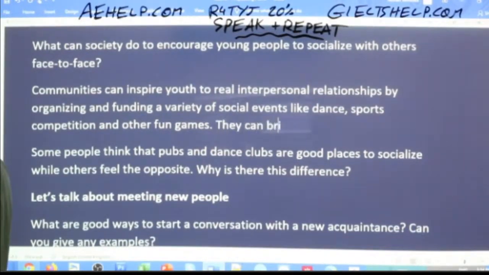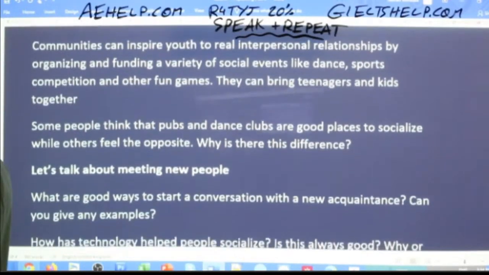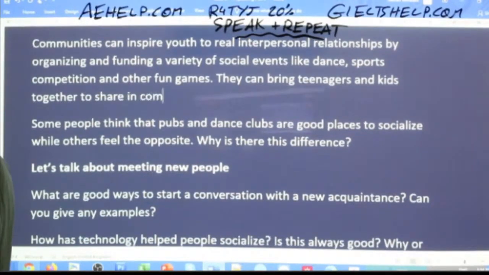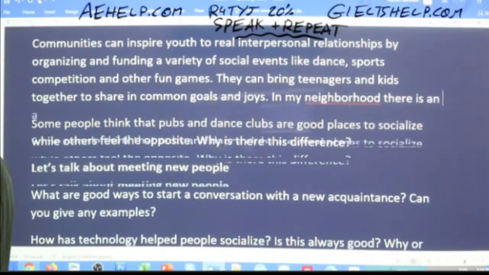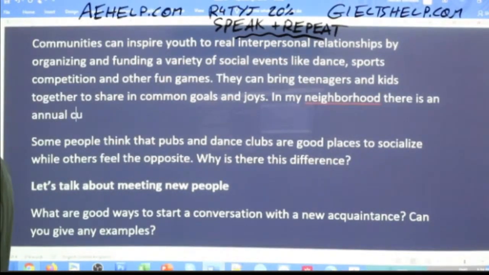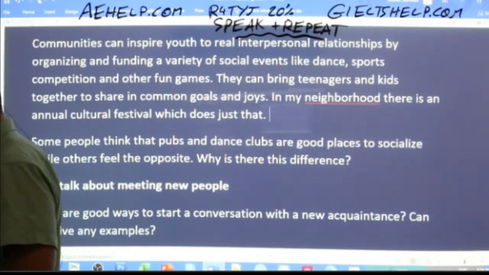They can bring teenagers and kids together to share in common goals and joys. In my neighborhood, there is an annual cultural festival which does just that. Okay.